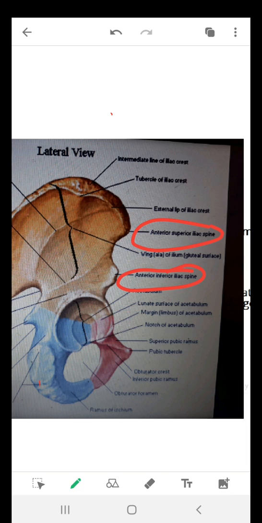Another name for the sartorius muscle is the tailor's muscle. It gets its name from the fact that it looks like it tapers. Okay, now let's move on.